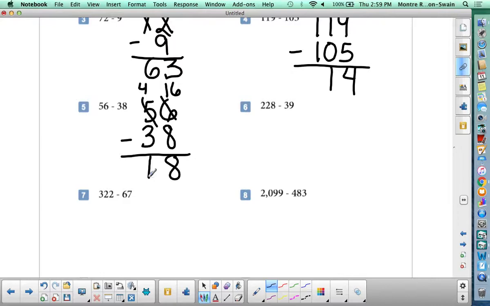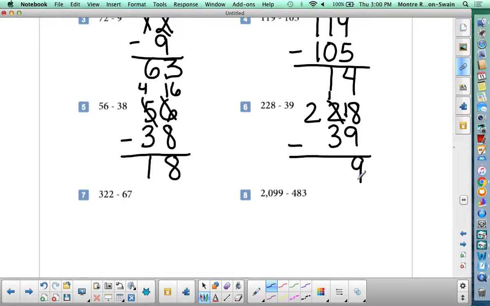Number 6. We have 228 minus 39. Starting in the ones place, 8 minus 9 we cannot do, so I'm going to regroup from the tens place, cross out the 2, that becomes a 1, the 8 becomes 18, 18 minus 9 is 9.